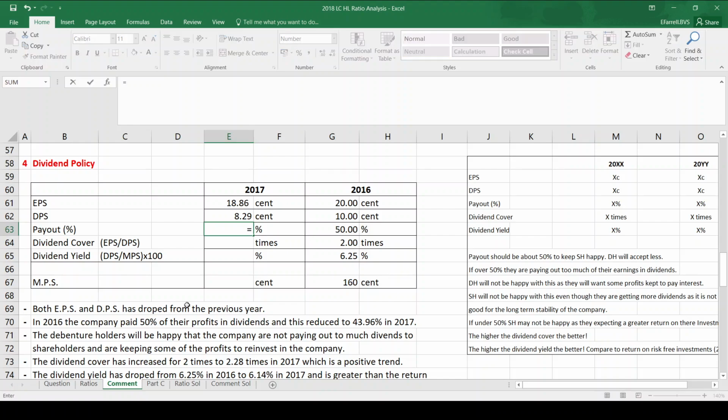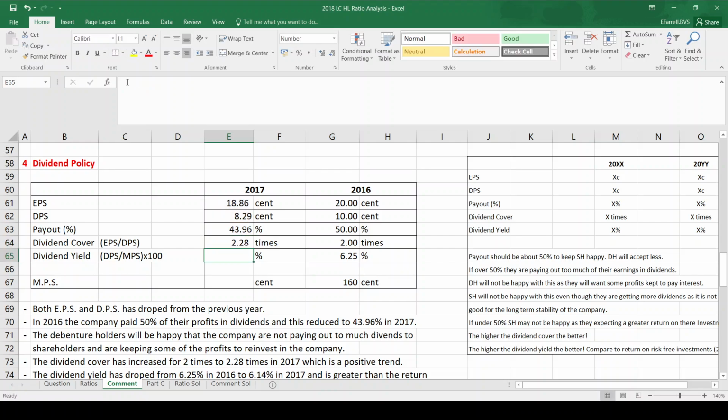My payout ratio is dividend per share divided by earnings per share, and I'm going to multiply it by 100. So they're paying out nearly 44% this year. Dividend cover is earnings per share divided by dividend per share.